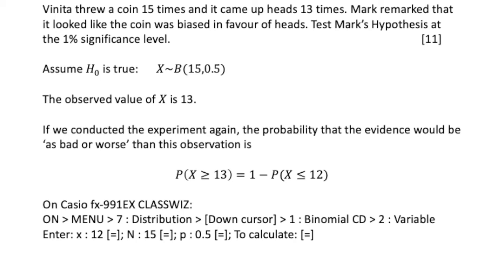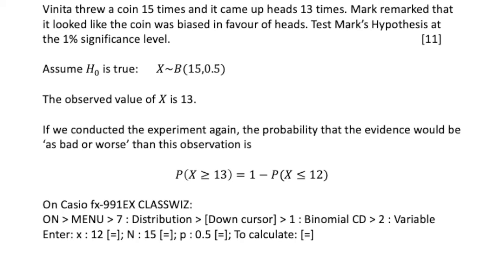So your cursor will already be on the row corresponding to x. You type 12, then equals. The next row down is the value of n for the binomial distribution you're dealing with. So that's 15 in our case. So we type 15 equals. And then it says p, which is the binomial proportion parameter, which I previously labelled as theta. So we want 0.5, then press equals to enter that.